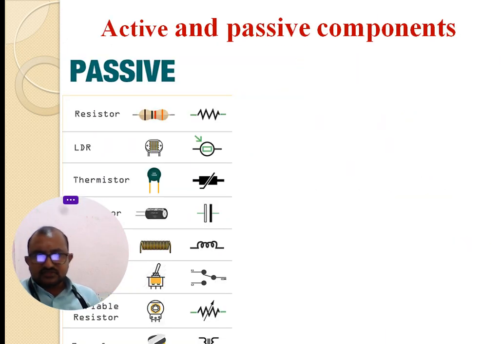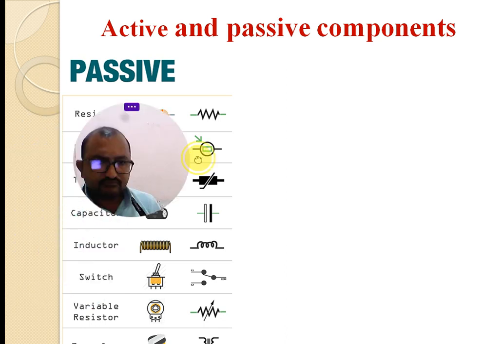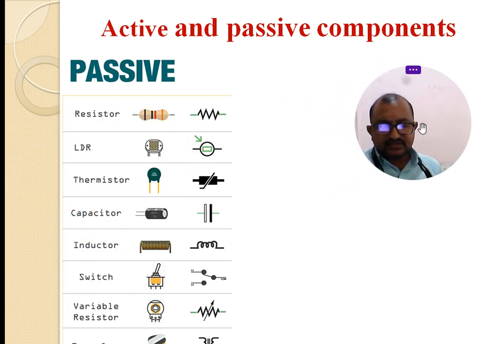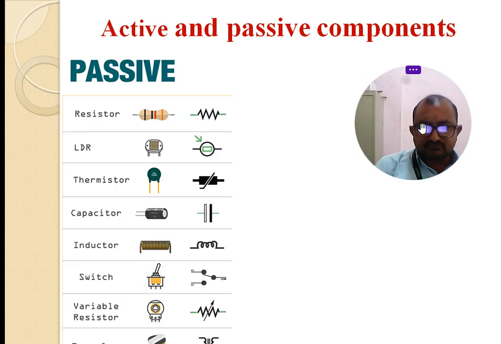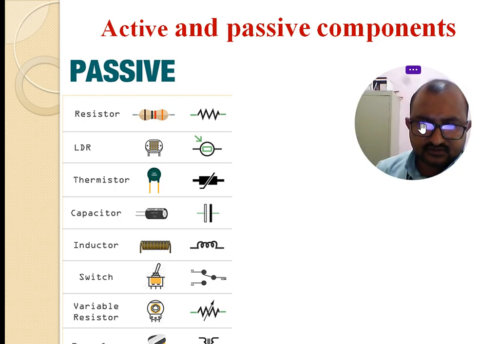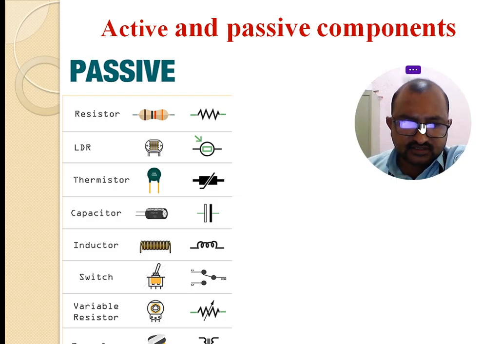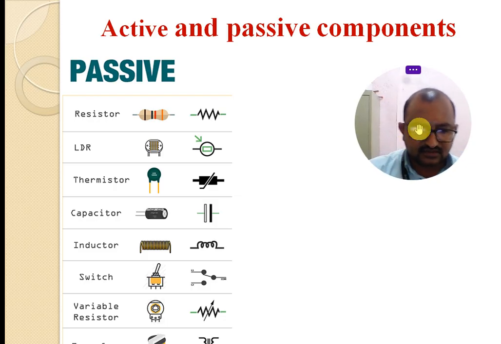First of all, we have to study the active and passive components. Okay, active and passive components. A passive component consumes energy, and an active component supplies energy to the instrument. The passive components are resistor, LDR, thermistor, capacitor, inductor, switch, variable resistor, and transformer.